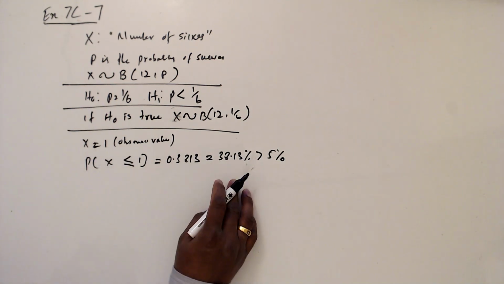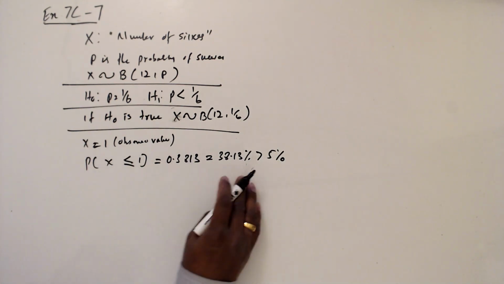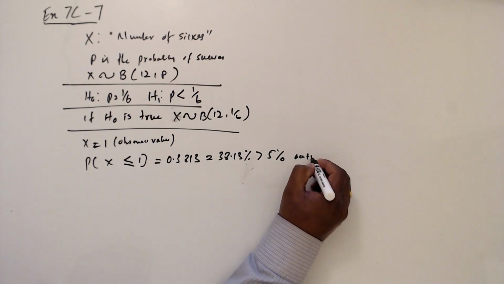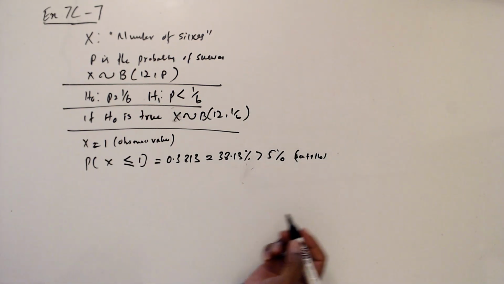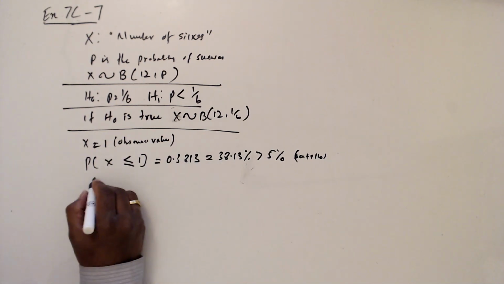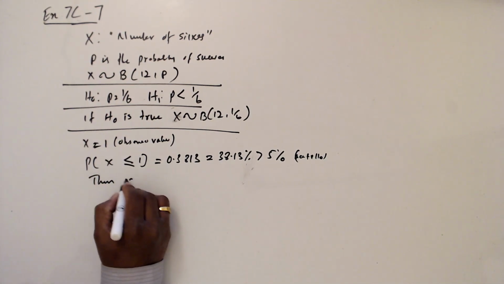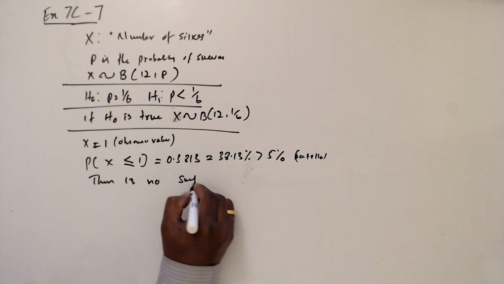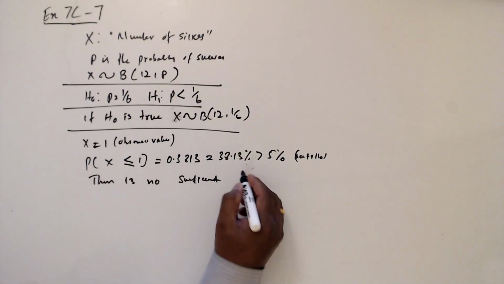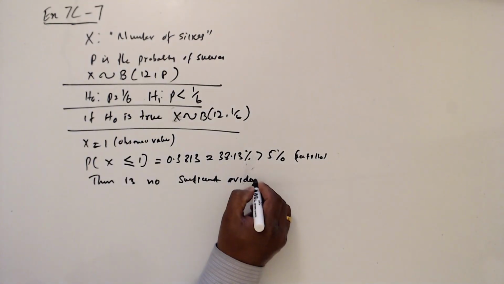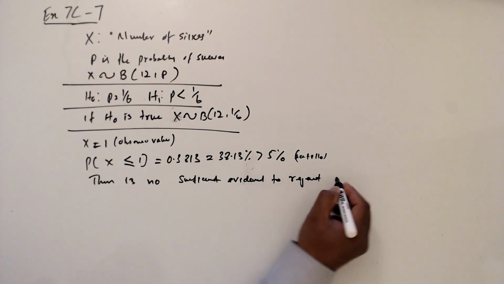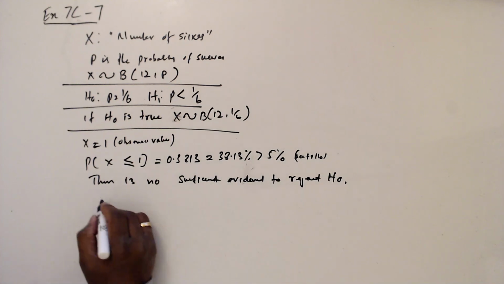Hence this is not in the critical region, so this is accept H naught. So we are writing like this: there is no sufficient evidence to reject H naught.